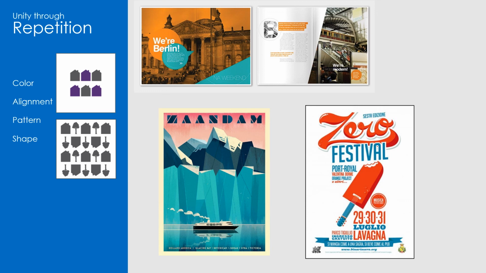Can you see another repeating element? It would be the diagonal. There's a big diagonal with a teal triangle on one spread, and on the other spread there's a diagonal where the picture comes in. Even if it's not exactly the same angle, it's still a repeating shape.